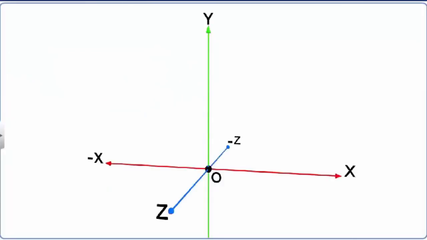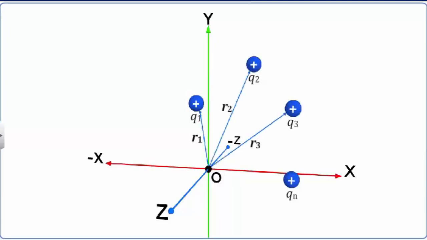Let us now consider a system of charges Q1, Q2, Q3 and so on till Qn, as shown in the figure with position vectors R1, R2, R3 till Rn with respect to the origin O. We know that electrostatic force, as given by Coulomb's law, exists between every pair of charges of the combination.